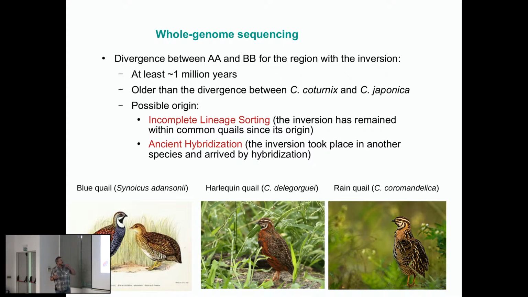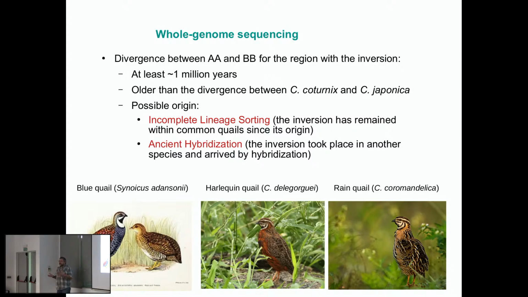The first one is incomplete lineage sorting. More than 1 million years ago, one individual had this inversion, and that remained within the population, within the species, has been evolving within common quails. And just because by accident has been remaining only in this part of the distribution.